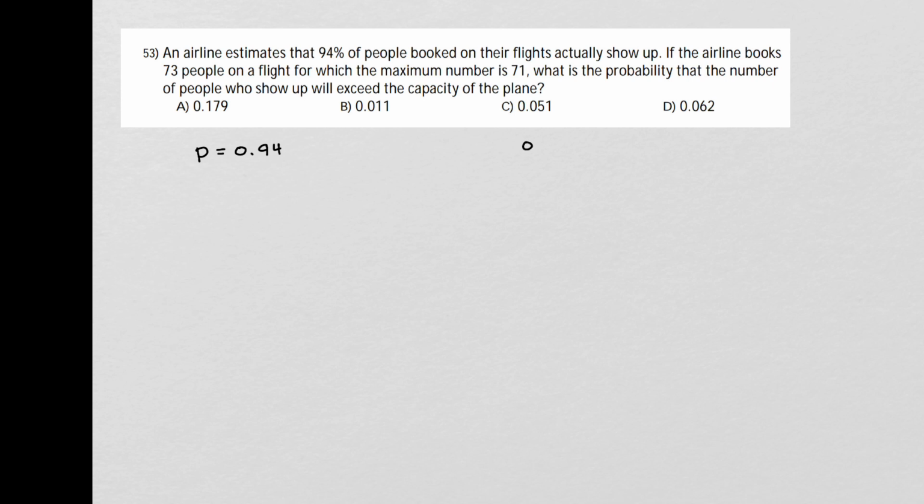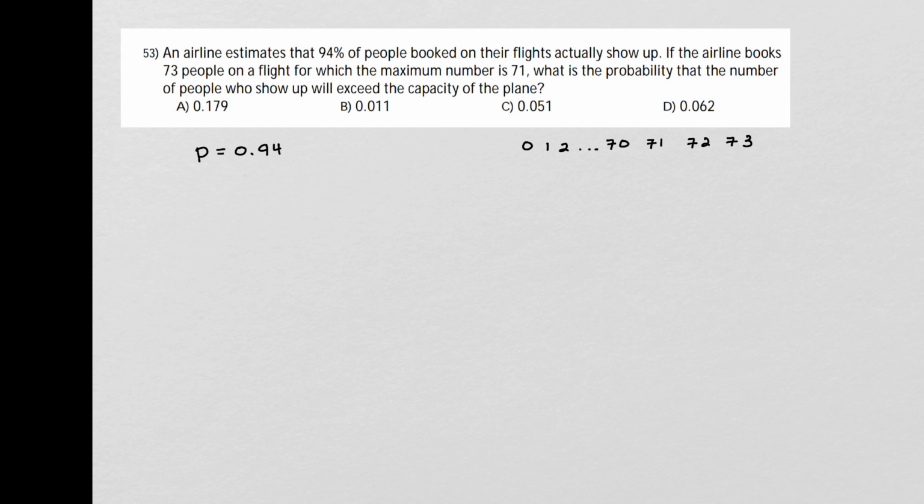So we're looking at nobody at all could show up, 1 person, 2 people, and we get to 70, 71, 72, 73. There were 73 people booked on the plane, and we want to know what is the probability that the number of people who show up is going to be a problem.